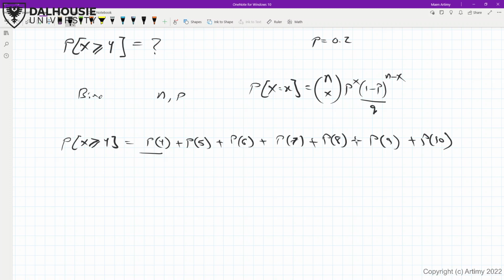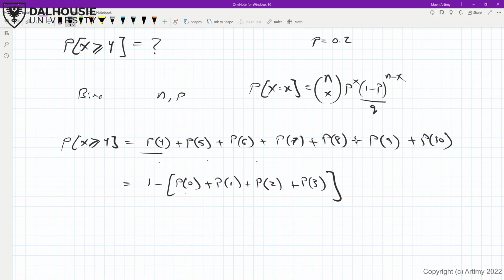I have to repeat this formula for 4, 5, 6, 7. That's a little bit lengthy. But I can also represent it as 1 minus P0 plus P1 plus P2 plus P3.